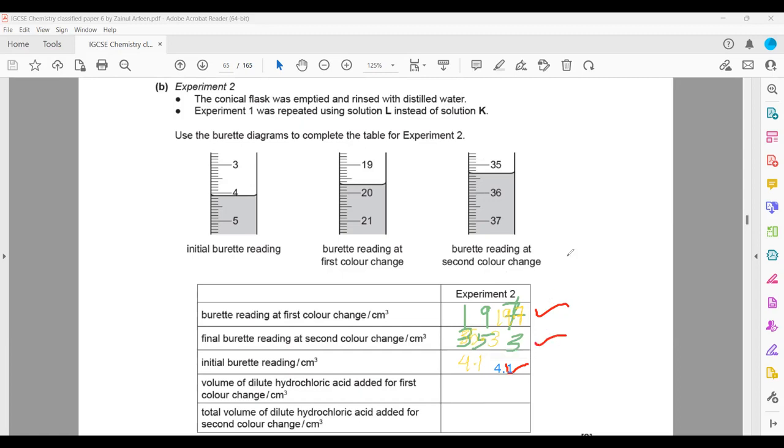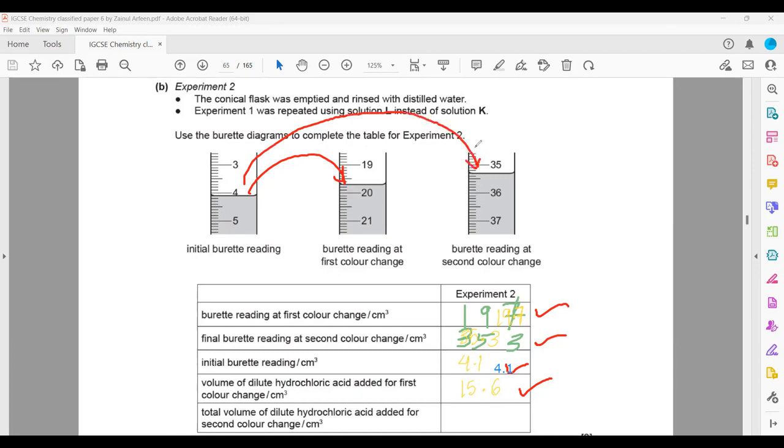Volume of hydrochloric acid added to the first color change: how much was added? It changes from here to here. That's right, 15.6.